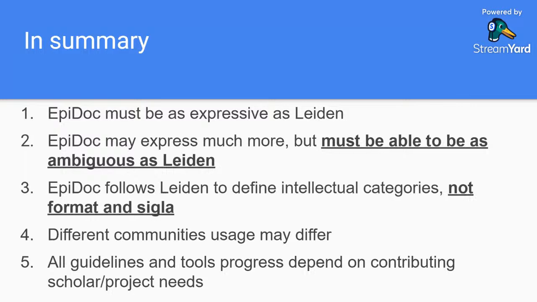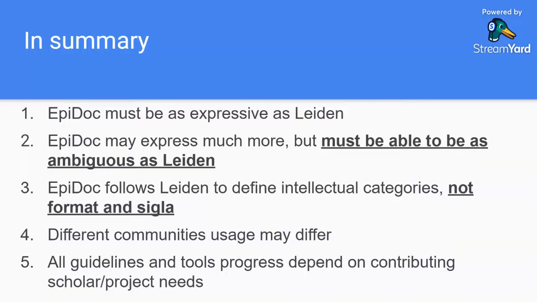So the final note. EpiDoc has to, by definition, be able to make all of the distinctions that Leiden makes. In some cases, it may make more distinctions than Leiden makes, but you must also be able to retain the ambiguity that Leiden has, because sometimes we don't have any more information than Leiden.